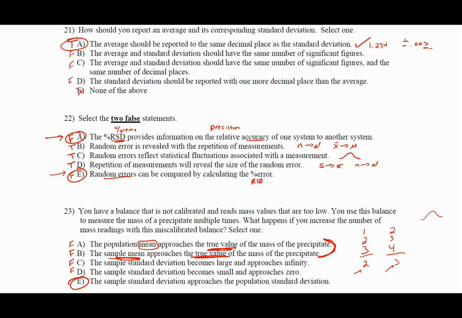But notice that if you do the standard deviation, 1 minus 2 squared is 1, 2 minus 2 is 0, 3 minus 2 squared is 1. These numbers versus that number give you the exact same standard deviation numbers: 1, 0, 1, 1, 0, 1. So the standard deviations will be the same. You can always prove it with just a couple numbers on the margin of the page.